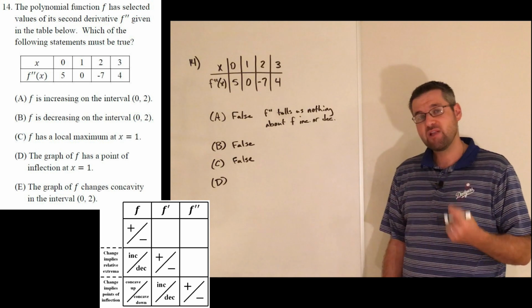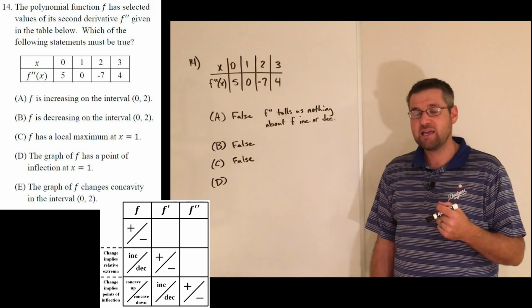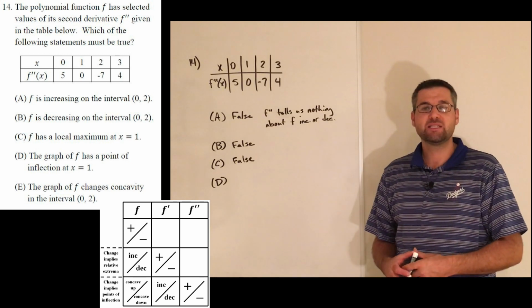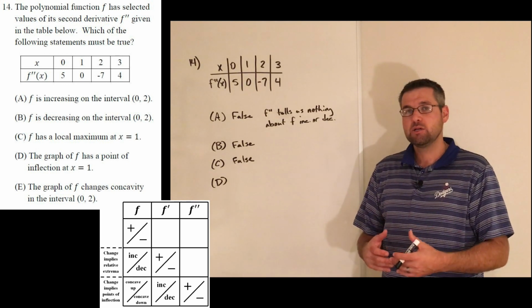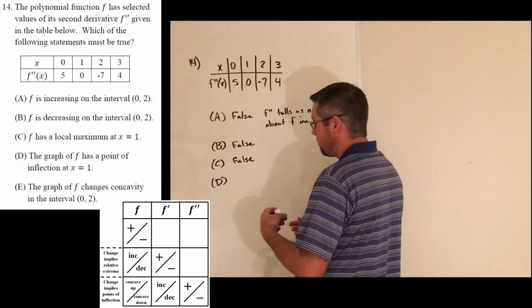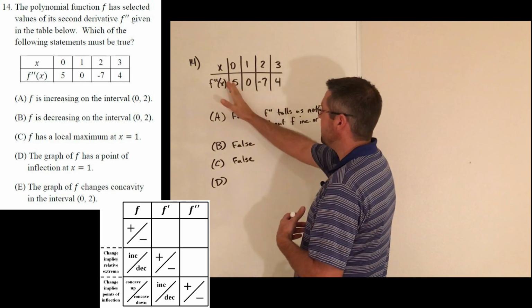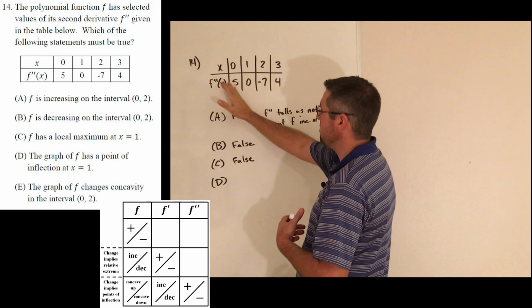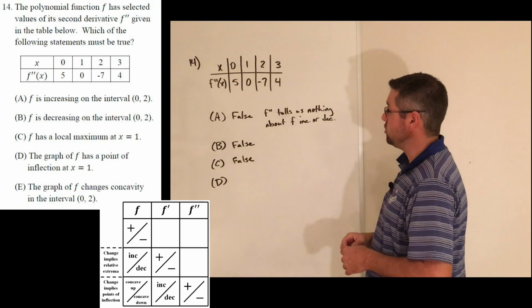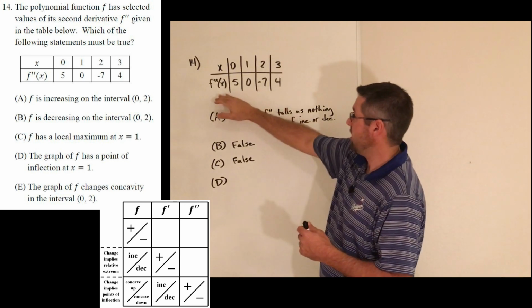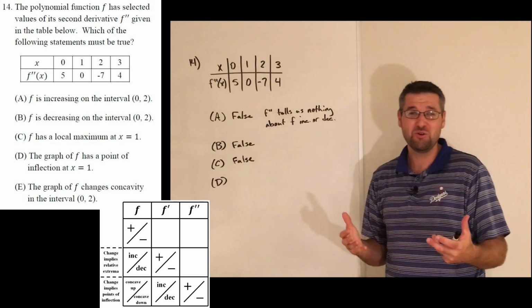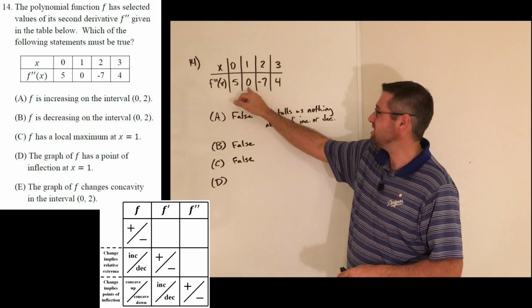A point of inflection occurs when f changes concavity, which means f double prime changes signs. f double prime is positive at x equals 0 and negative at x equals 2, and it's 0 at x equals 1, so it's easy to conclude there's a point of inflection at x equals 1.